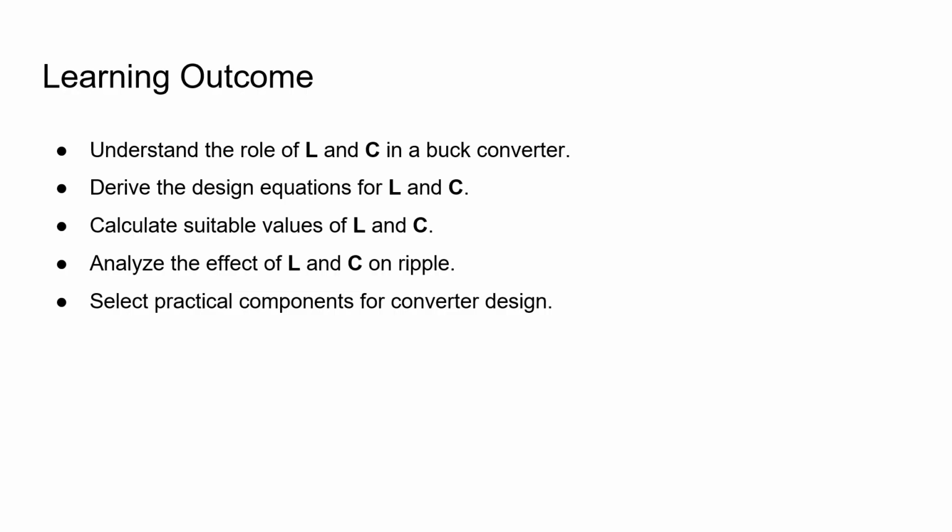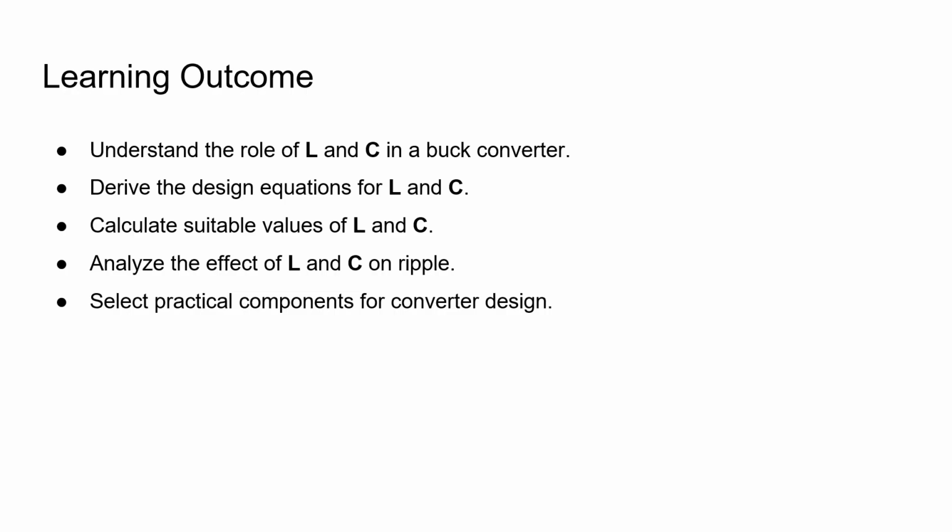In this lecture, we will achieve the following learning outcomes. First, we will understand the role of the inductor and capacitor in the buck converter. Second, we will derive the design equations used for calculating these values. Third, we will calculate suitable values for the inductor and capacitor with the proper specification.